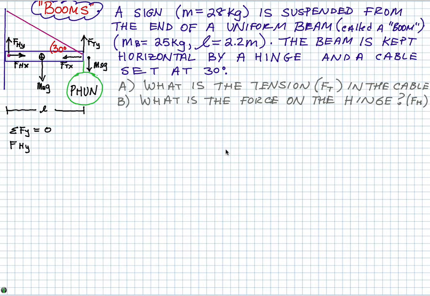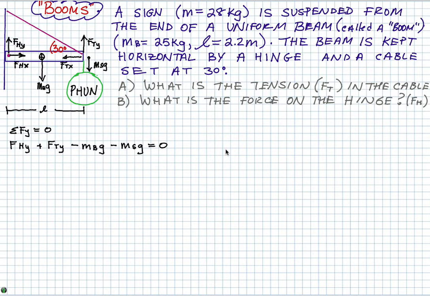Now we've said that that's positive. And we have the force of the tension of the cable, which is in the upward direction, no question there. The weight of the boom is downward, and the weight of the sign is downward also. So those are all the forces acting in the y direction.